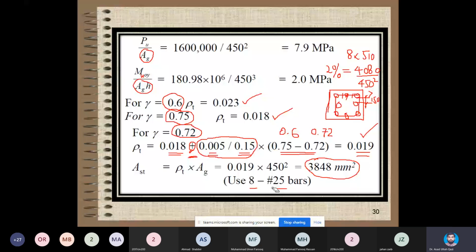So try to sketch this column with all the recommendations of ACI, and also design the ties and their spacing. As we have the 3 recommendations of ACI: 48 times the diameter of tie, 16 times the diameter of longitudinal bar, and the least lateral dimension. Keep all these recommendations in mind, and then design the ties and sketch this column appropriately.